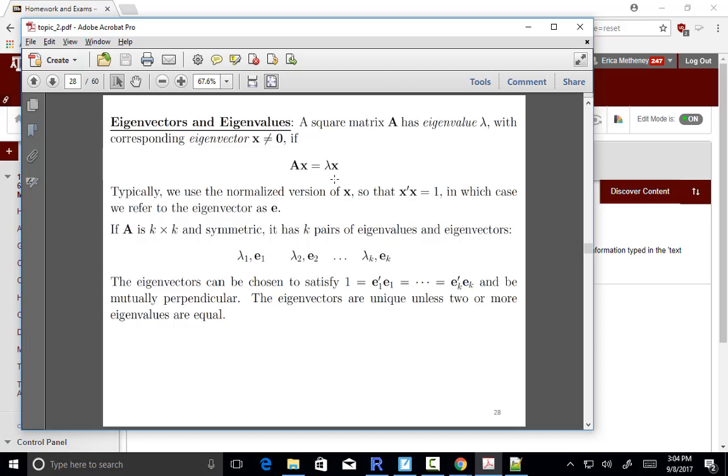If A is a P by P matrix, if there are P variables in our multivariate data set, then the covariance matrix will be P by P. And when you decompose a P by P matrix, you get back P eigenvalue, eigenvector pairs.